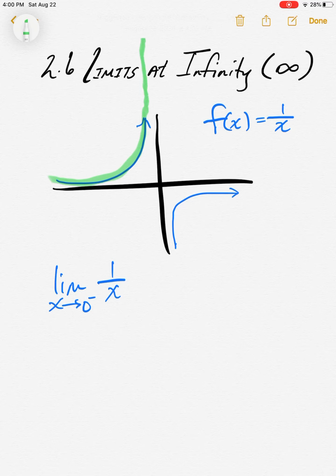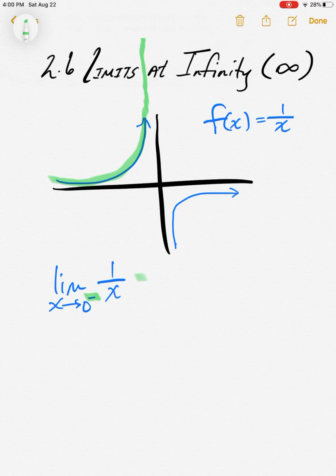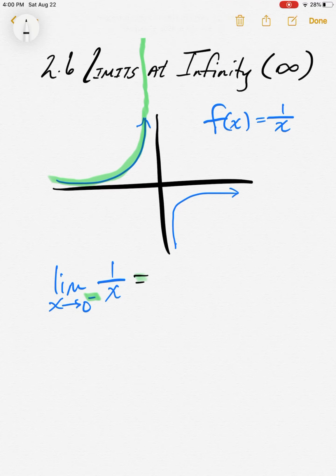What's happening? It won't stop. That tells us the limit for this function coming from the left is going up forever and ever, equals positive infinity.